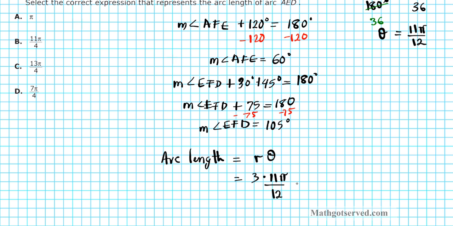Multiply across, we have 33 pi over 12. Wait, we can reduce. Divide the top by 3, divide the bottom by 3, and your final answer is 11 pi over 4. So option letter B is your final answer.